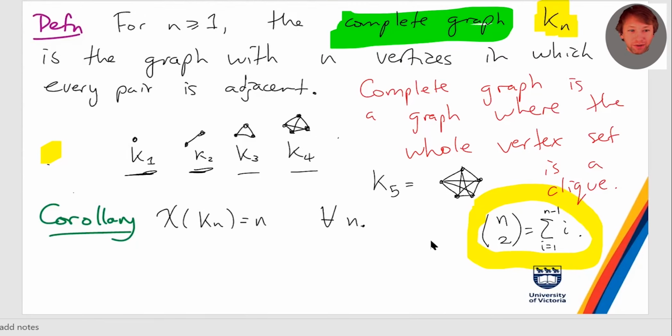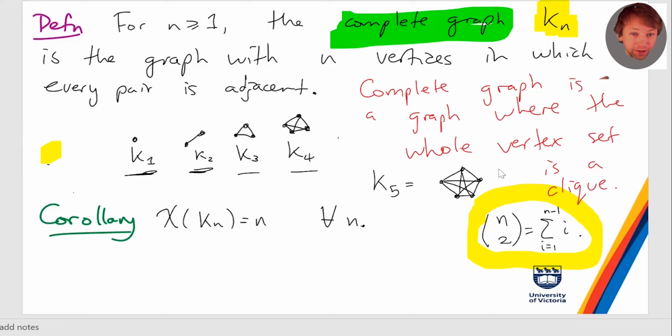To answer my own question, the number of edges in the complete graph on n vertices is n choose 2, because every subset of size 2 of the vertex set is adjacent, right? The edges of the complete graph are exactly the sets of size 2.